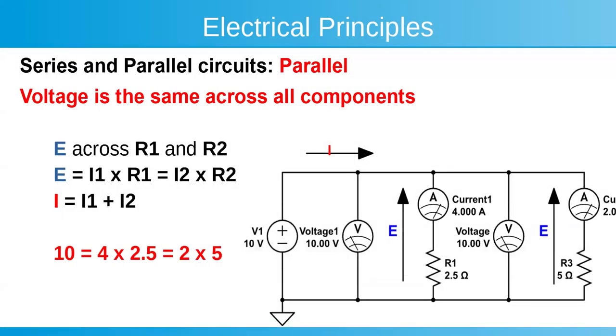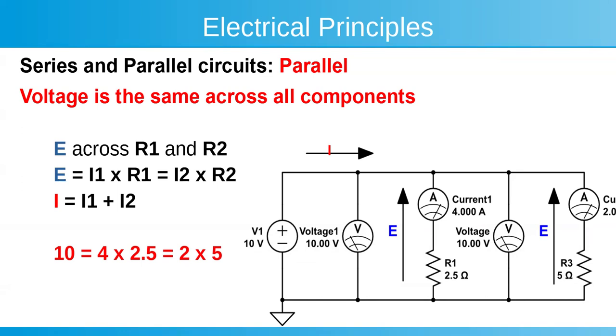If we have a parallel circuit where we have two or more components in parallel, all we know is that the voltage across each component is the same, but the currents may not be the same. If the resistances, in this case, are 2.5 ohms and 5 ohms, with 10 volts across 2.5, we're going to get 4 amps. With 10 volts across 5, we're going to get 2 amps.